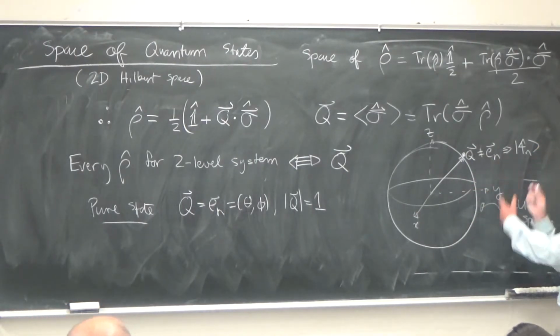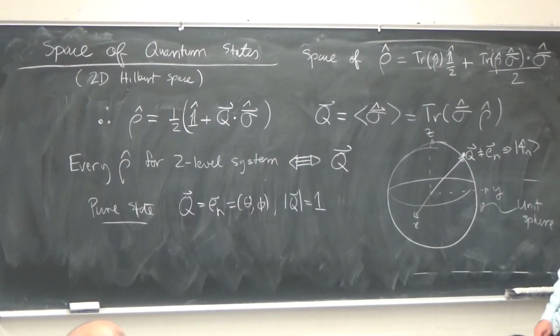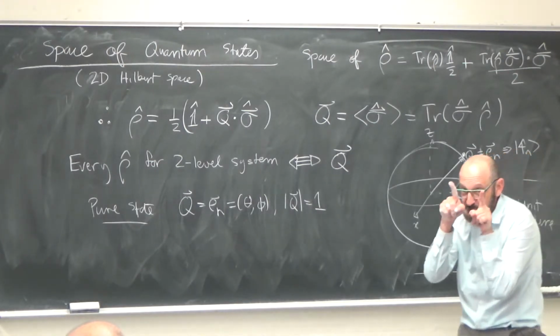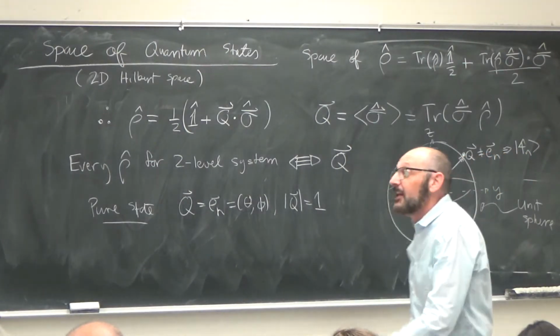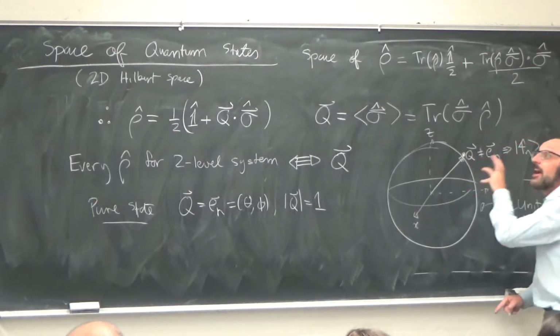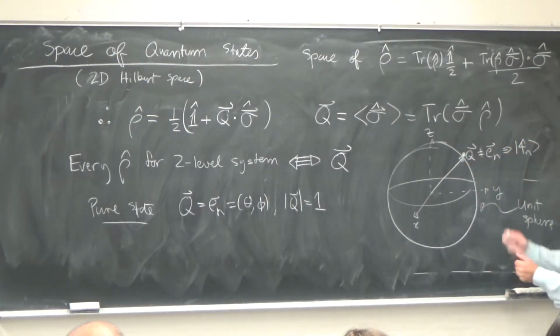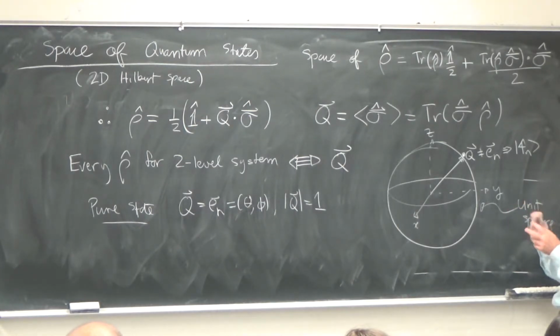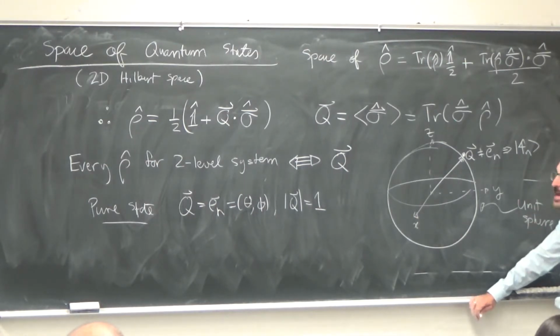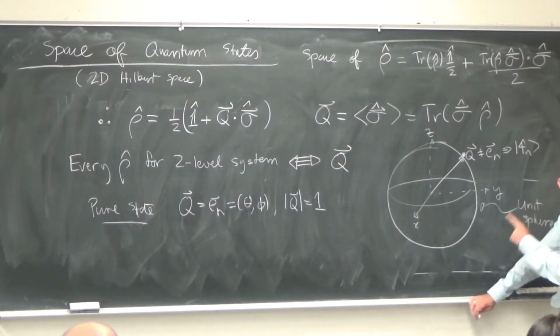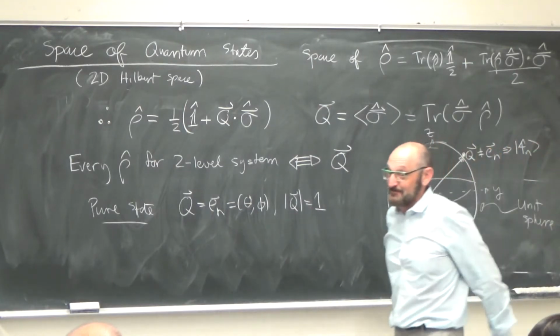But it's also a quantum state. Now, pay attention. There is a difference in the geometry. There's a notion of orthogonality. What vectors are perpendicular to one another in physical space? But that's not the same as what is perpendicular to one another in Hilbert space. It is not.